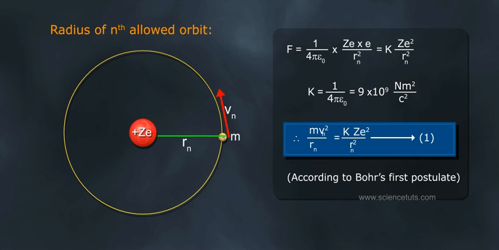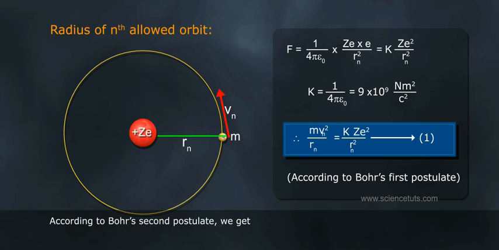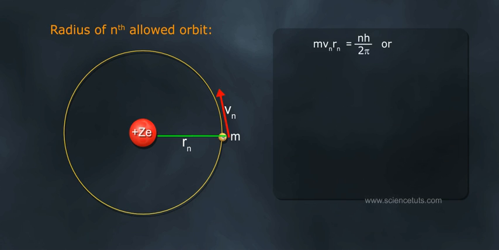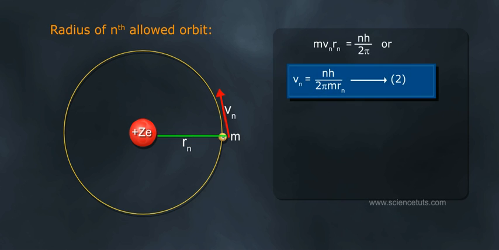According to Bohr's second postulate, we get mvn rn equals nh by 2π, or vn equals nh by 2πm rn, equation 2.